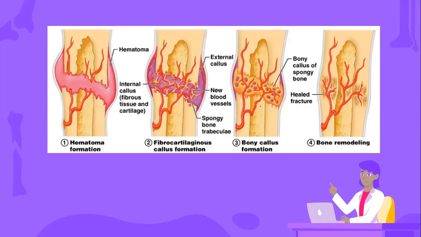And after the next 2 months, this callus is remodeling and reabsorbs the excess of tissue until the whole bone goes back to its first state, as if there had never been a fracture.